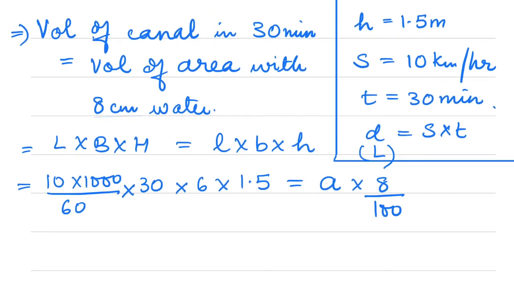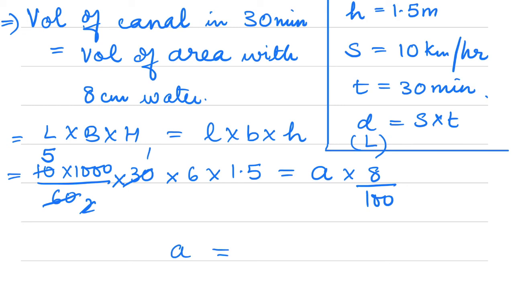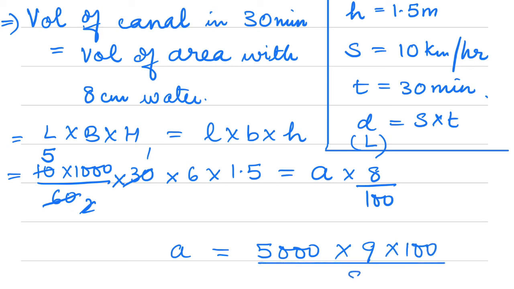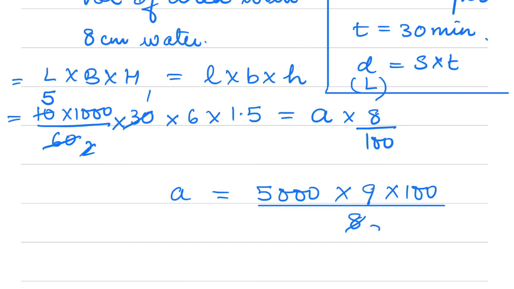So let's solve this equation now. So A is equal to 5000 into 15 into 6 is 90, with 1 decimal point, so 9, and we'll bring 100 this side and also 8. Now this is 4 two times and this is 25 times, and this is 2500.